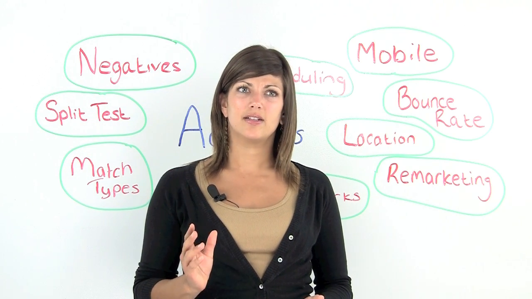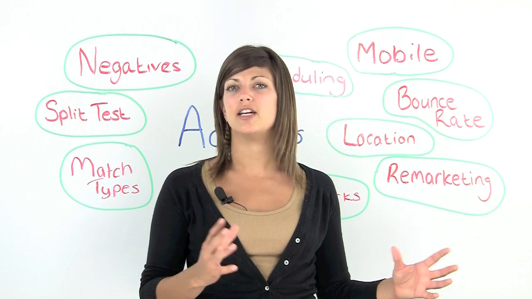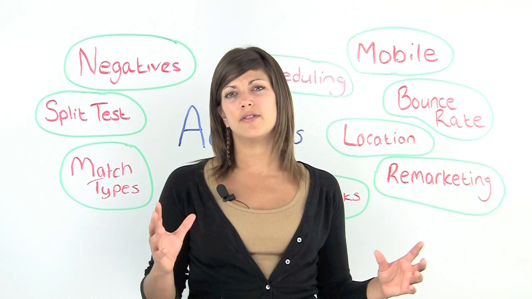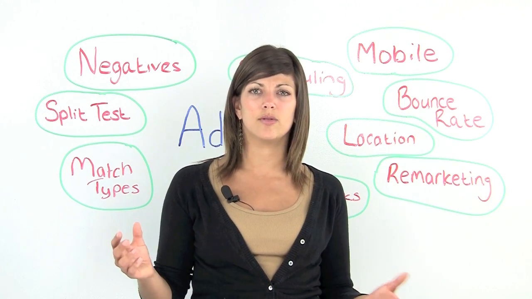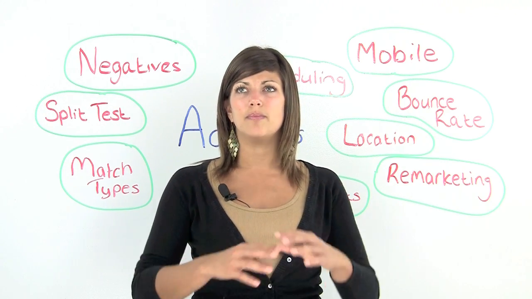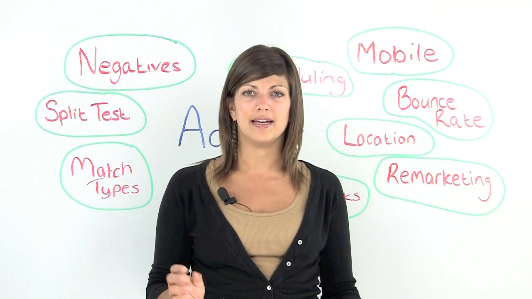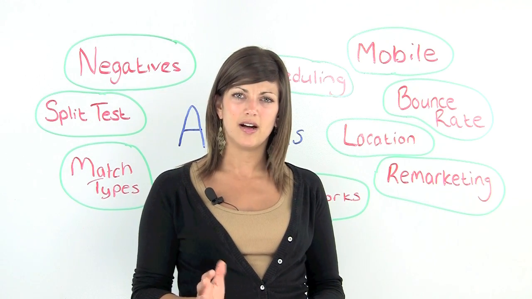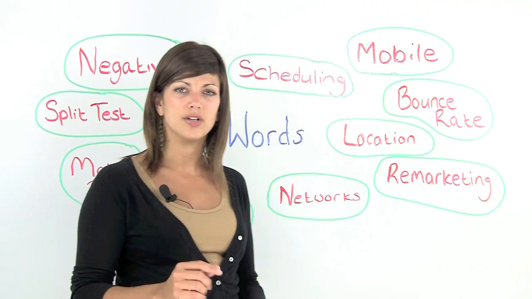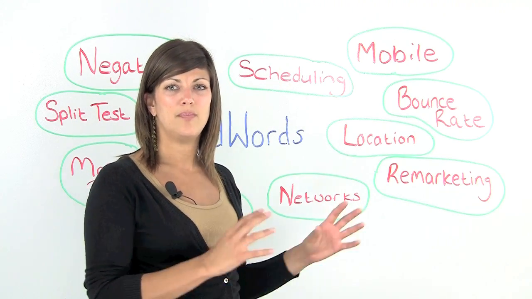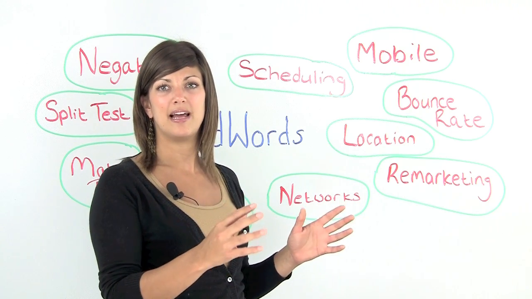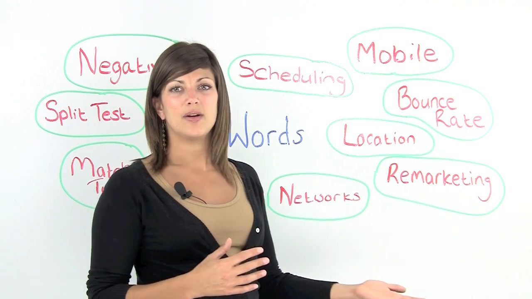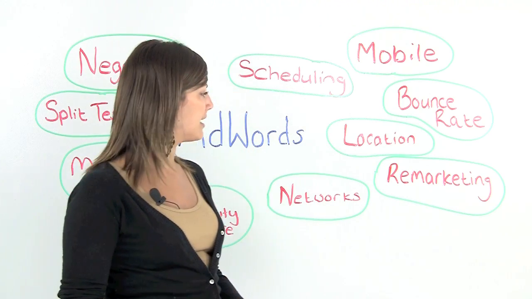If you're actually looking to target a specific location in the UK, for example, if you're a local greengrocers or a local florist, you're not really going to want to be advertising to the whole of the UK. So if you have got that specific niche audience that you want to be targeting, make sure that you set the location so that you're not wasting money on bidding for and displaying keywords and ads in locations that you're not ever going to be wanting to target.